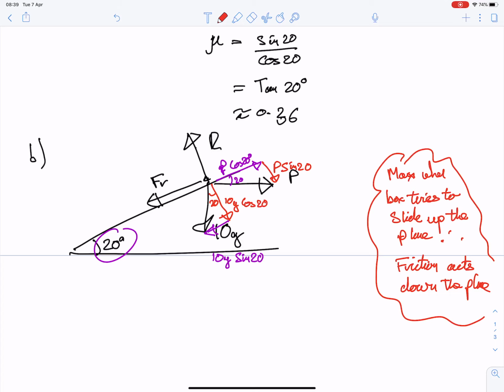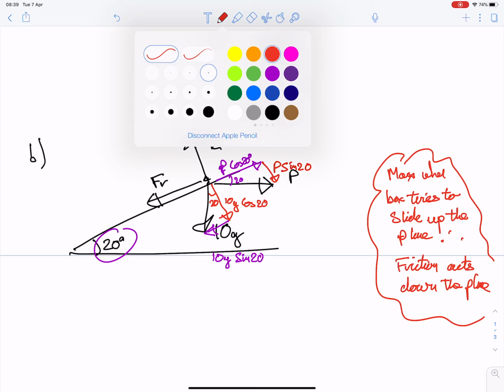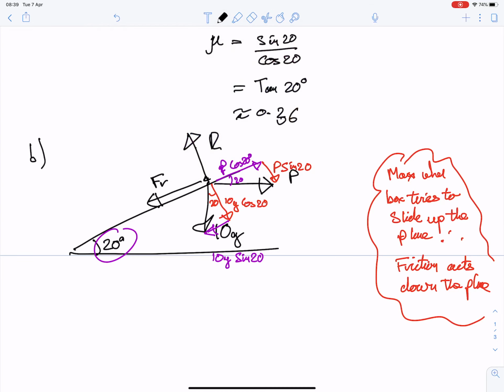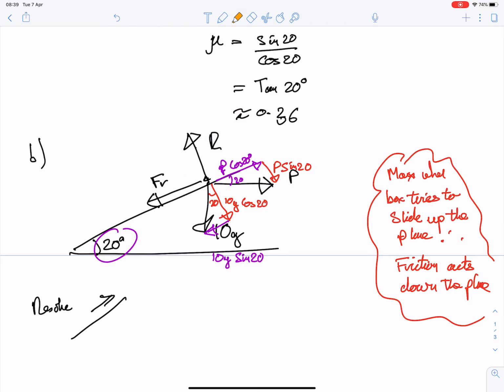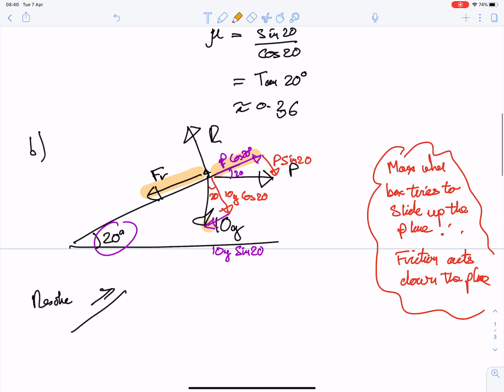So we've done the preliminary work on the diagram, and now we can do our usual routines. Resolve parallel to the plane. I've taken up as positive, you don't have to. Let's pick out the forces that are parallel. So we've got one there, one there, one there.